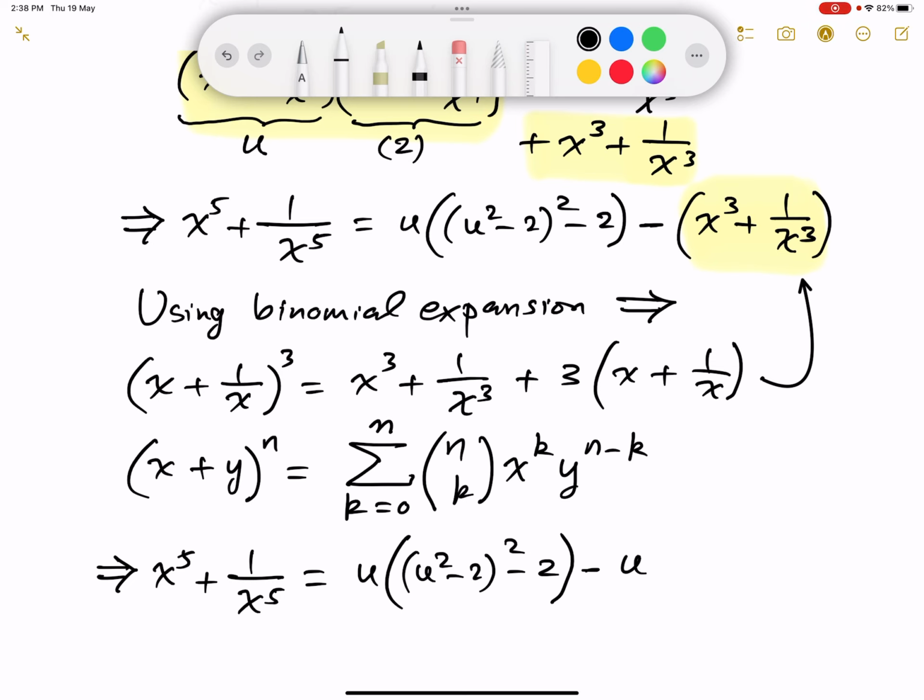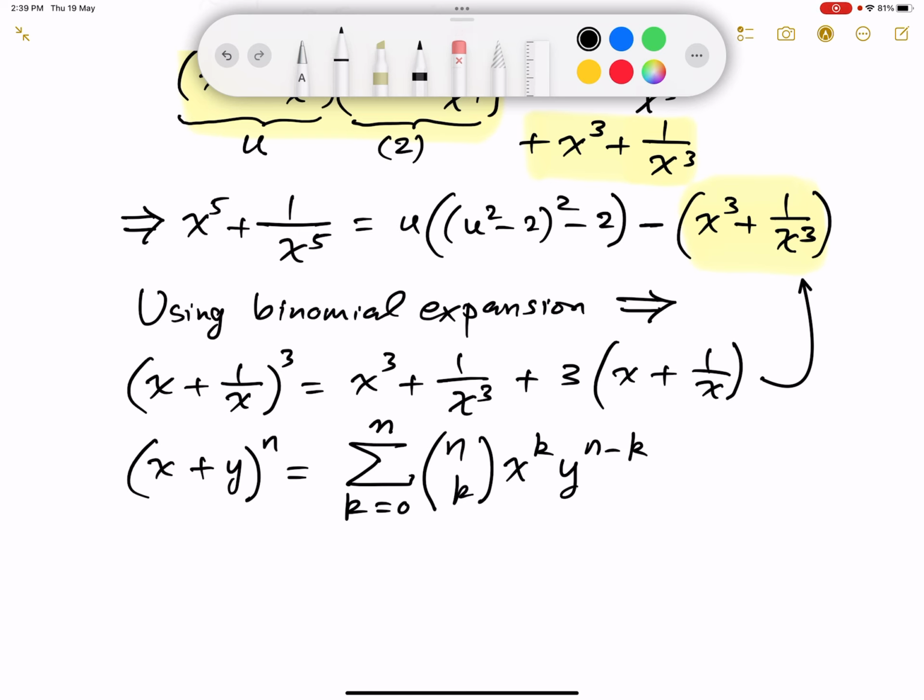Before I do this, let me get an explicit expression for x to the power 3.